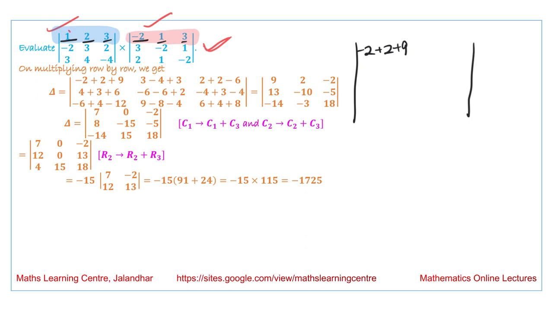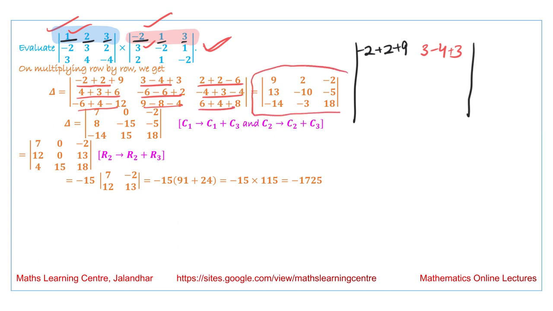Next is 1 into 3, it is 3, then 2 into minus 2, it is minus 4, and next it is 3 into 1, it is 3. So we are getting the terms in this way. And when you solve these values, you will obtain the determinant in this form. By multiplying these determinants, you will get this answer.